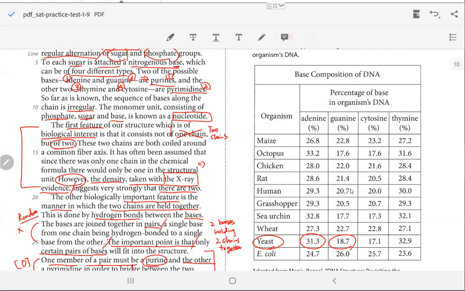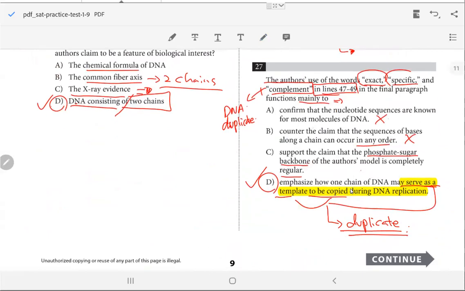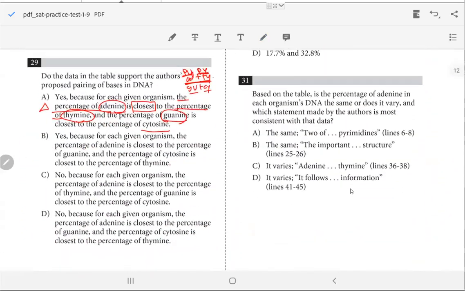So A looks okay. I think A is the answer. But let's continue and double check.